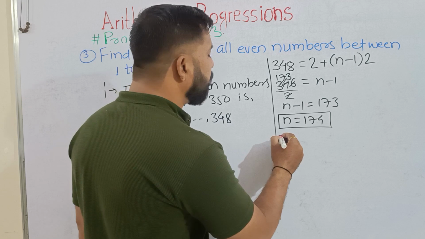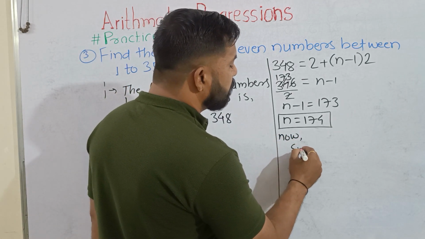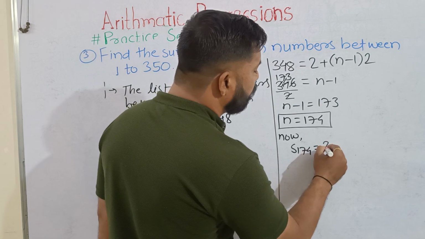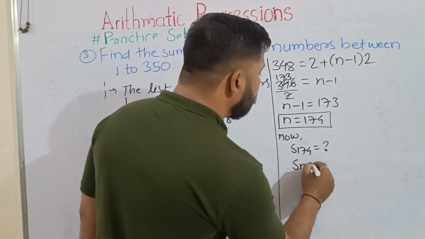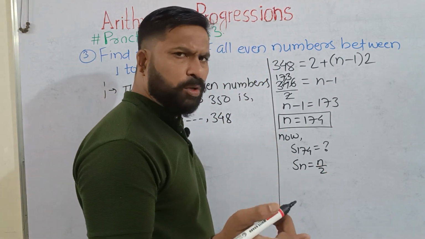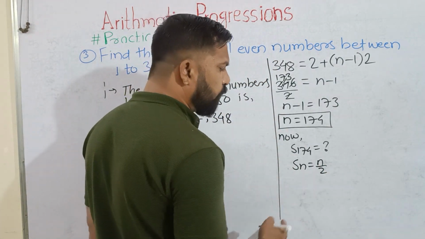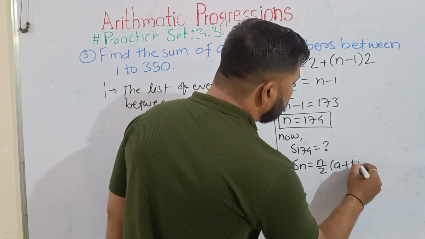So here you can write now S174 is equal to what? Sn is equal to n by 2. You can use the second formula also if you want. I will use it now: n by 2 into a plus Tn.